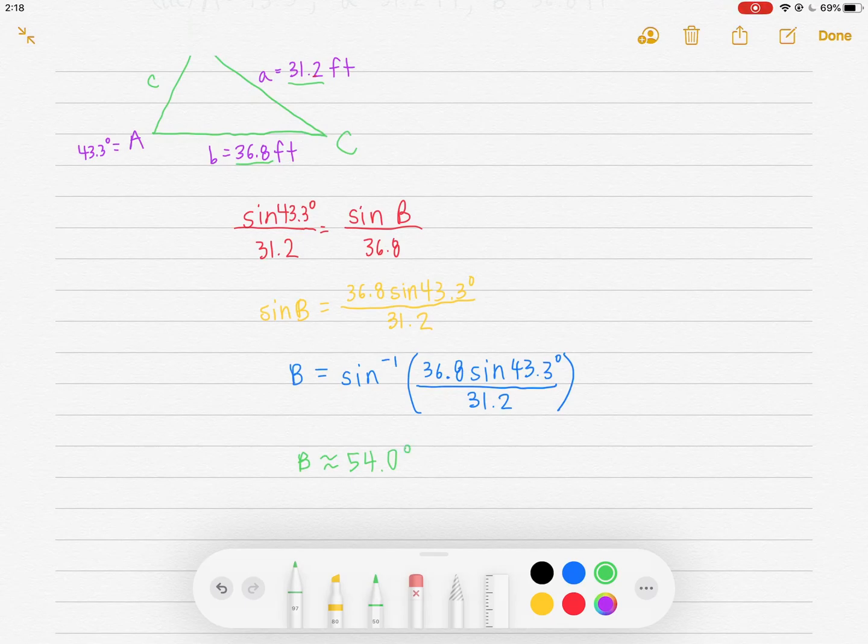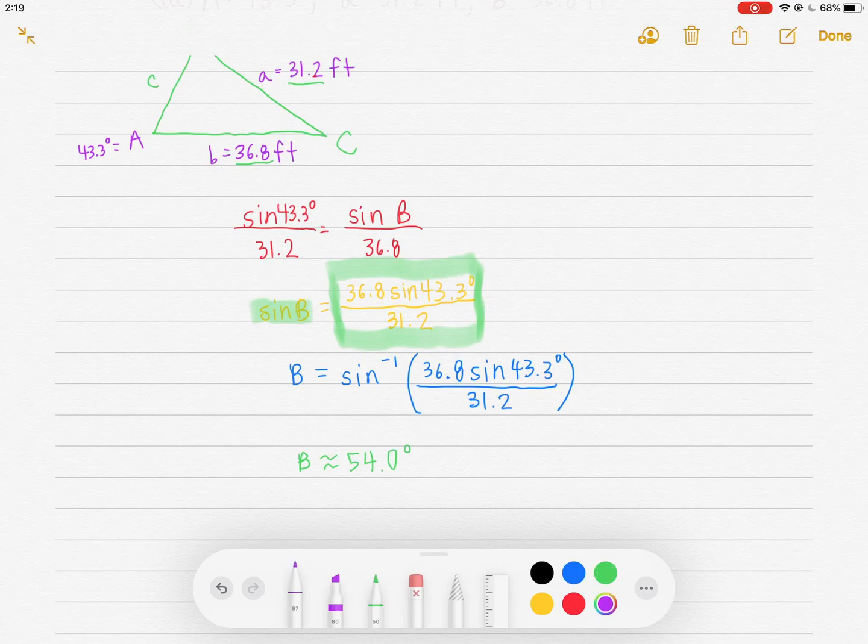But what we just did in the last chapter with our equations, we know that sine of B is equal to a positive number in two quadrants. What two quadrants does that happen in?